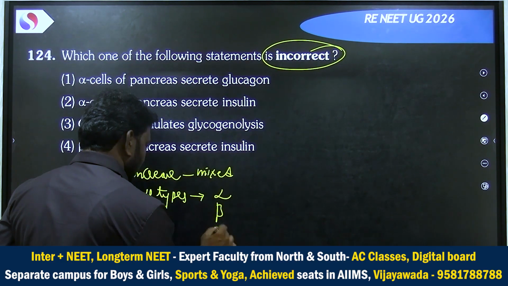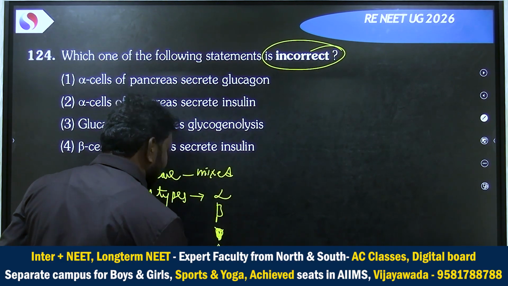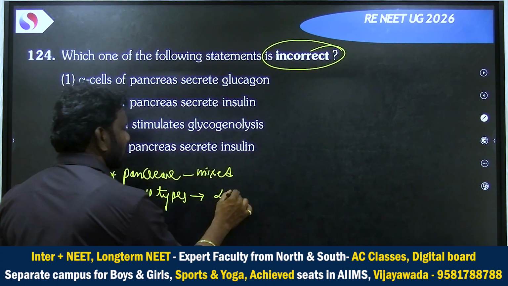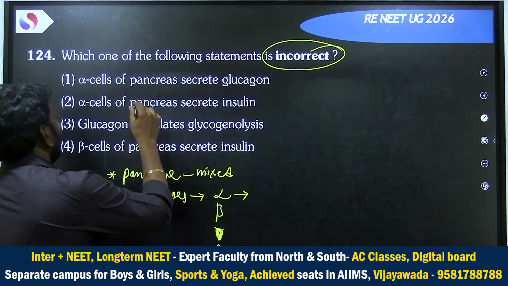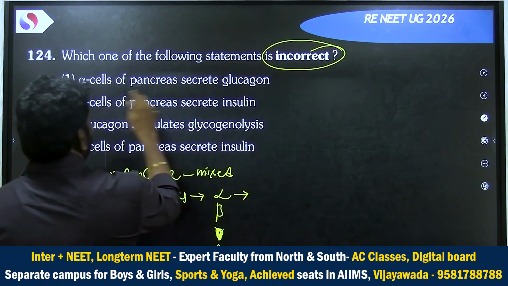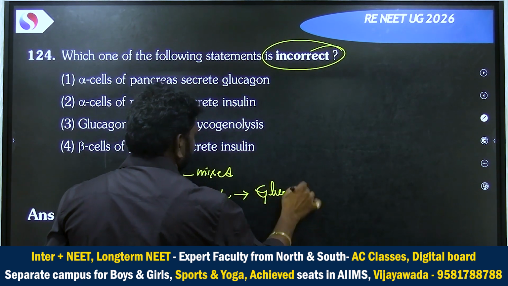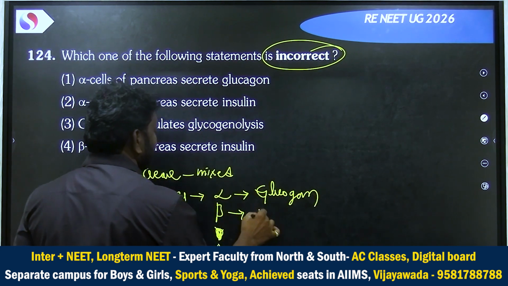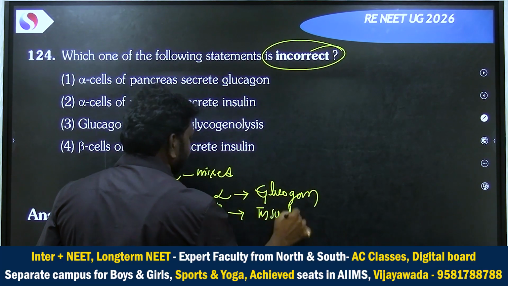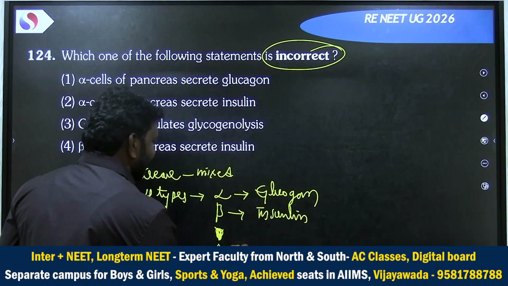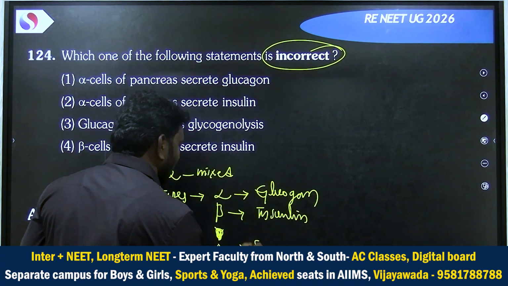Delta cells and PP cells. So alpha cells secrete a hormone, glucagon. Beta cells secrete the hormone insulin. Delta cells secrete the hormone somatostatin.